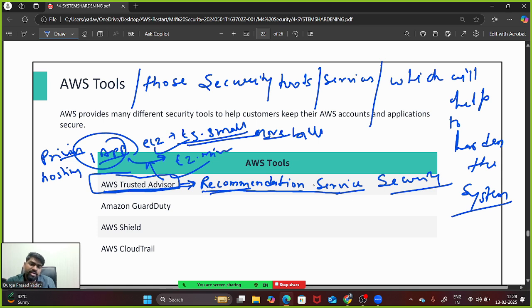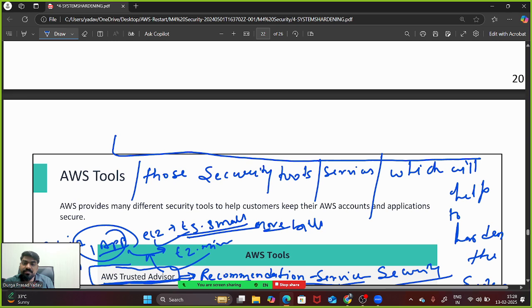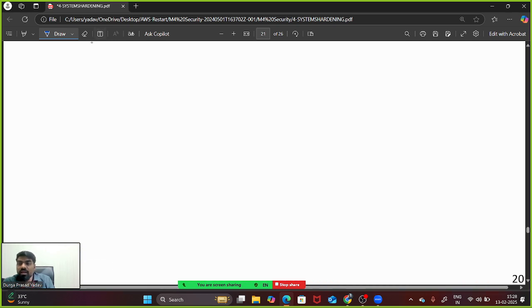It will also recommend related to security. One actual example I'm giving you now. Guys, you all know MFA, multi-factor authentication. Let's talk about the AWS root account.